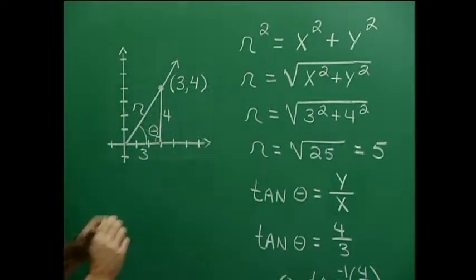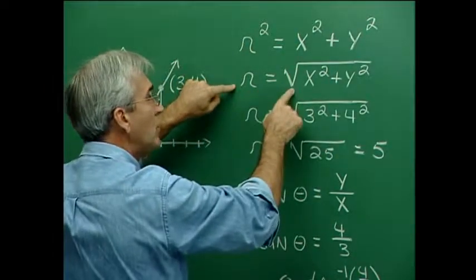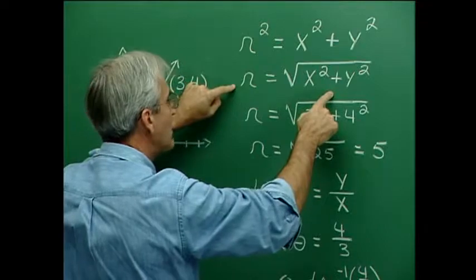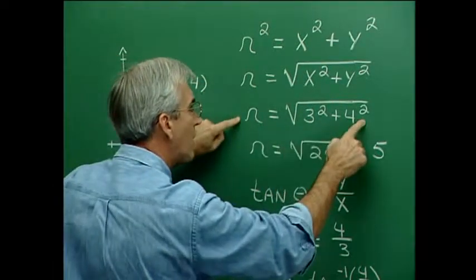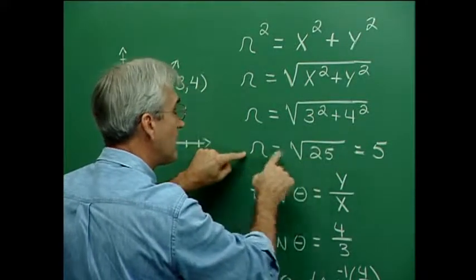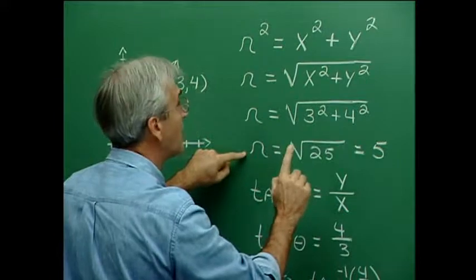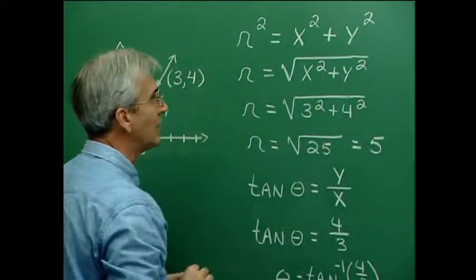Well, that's 9 and 16, that's 25. So the distance r is 5 for this problem. And it's important for us to know the general idea for the calculation of r, though.